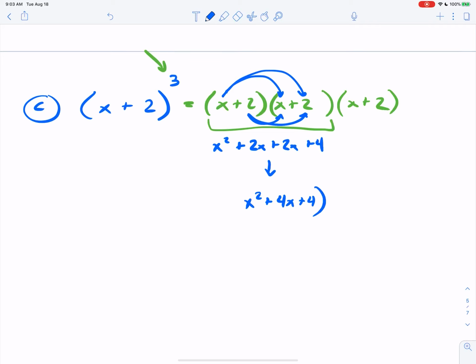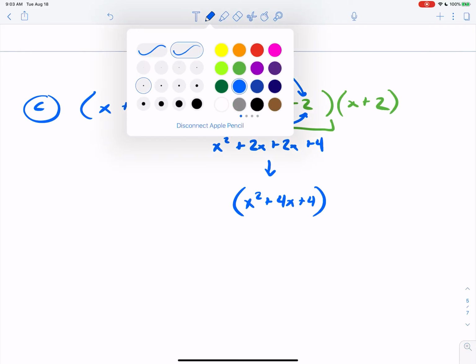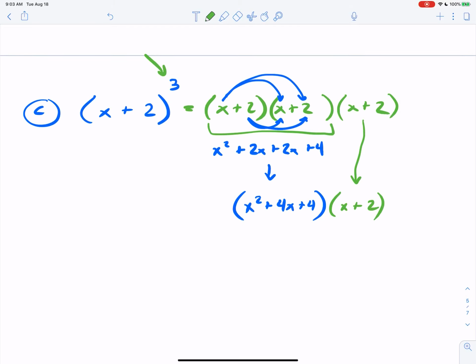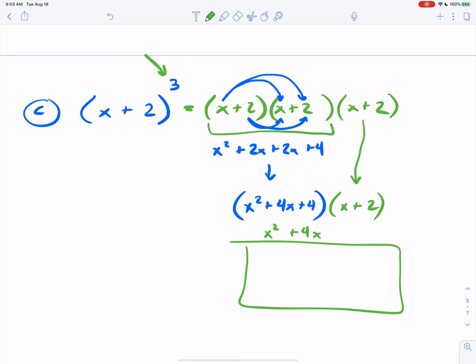And I'm going to go ahead and group that, okay? Now remember this lonely x plus 2 factor that was left alone. I'm going to bring that down. Okay, so now you have to just go one step further here. And right here, I'll use the area model. Okay, I have an x squared plus a 4x plus a 4. And then I have a x plus a 2.